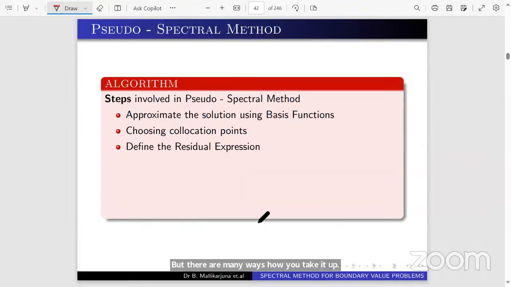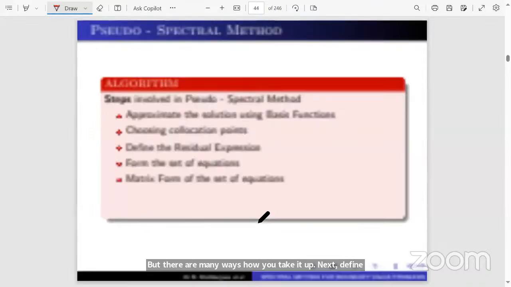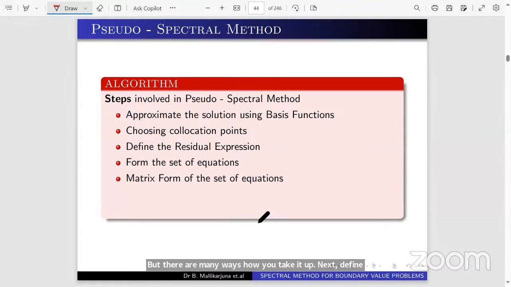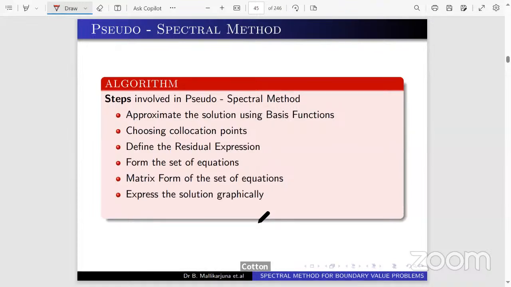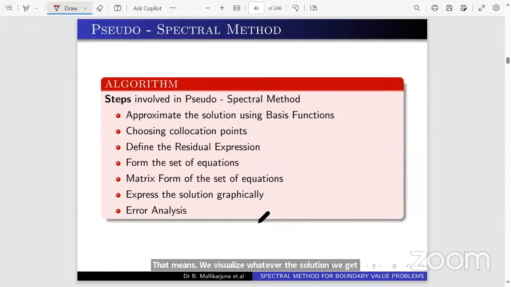Next, define the residual expression, form the set of equations, convert that set of equations into matrix form, then simply find the solutions and express that solution graphically. That means we visualize whatever solution we get for these differential equations.